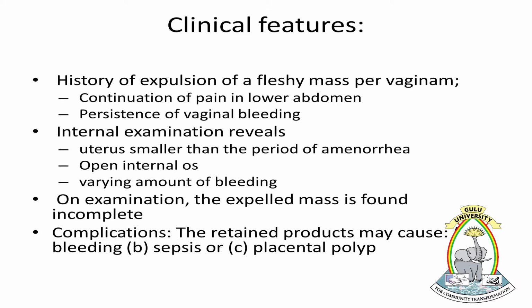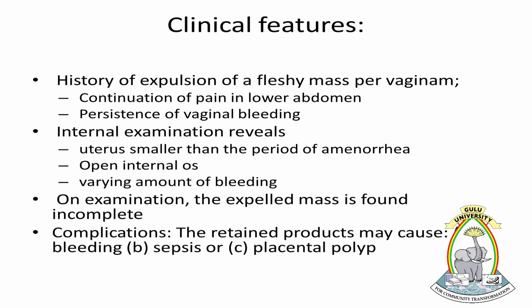The internal os of the cervix may still be open because the product is still within the uterine cavity, and there may be still bleeding that you'll be able to see coming through. On examination, if you were able to recollect the product of conception that has been expelled, you'll actually find that it is incomplete.